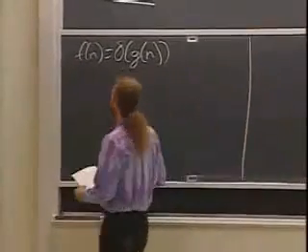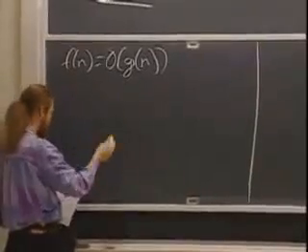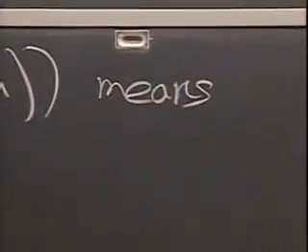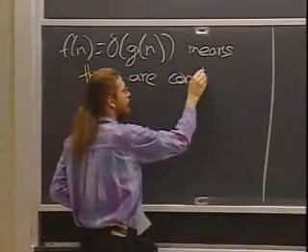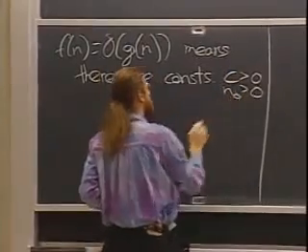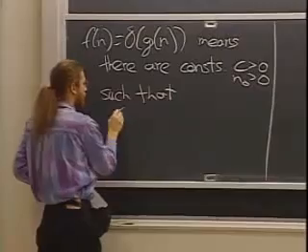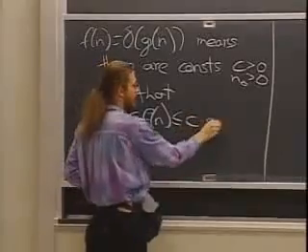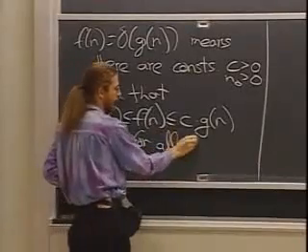This is big O notation, capital O notation. We have f of n equals big O of g of n. This means that there are some suitable constants c and n naught such that f of n is bounded by c times g of n for all sufficiently large n.